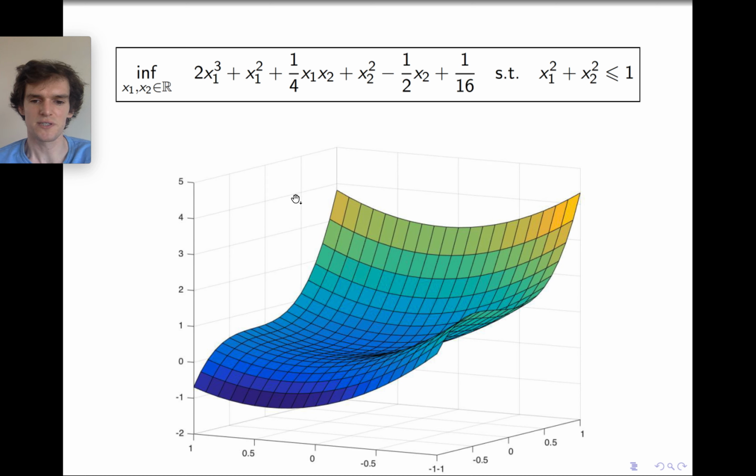I've represented this function here, and we're optimizing over a ball within here. And right here, I believe near the origin, we have a local minimum, something that, with a local search method like gradient descent, you could get stuck in. The global solution is actually here. And so it's actually quite spectacular.